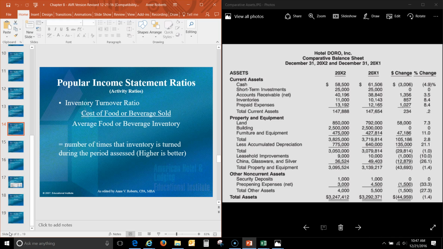And when you think about it, most of the time, the pricing that you're going to get for food and beverage is the more you buy, the less expensive it gets per ounce, per pound, per whatever, right?